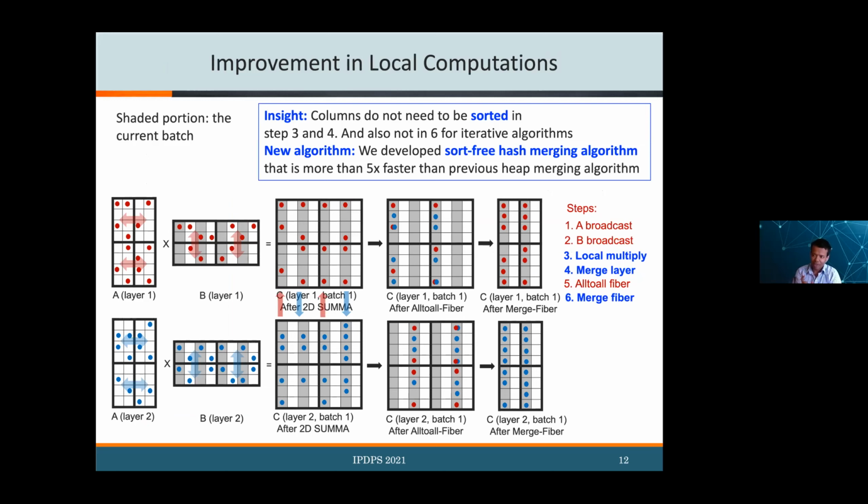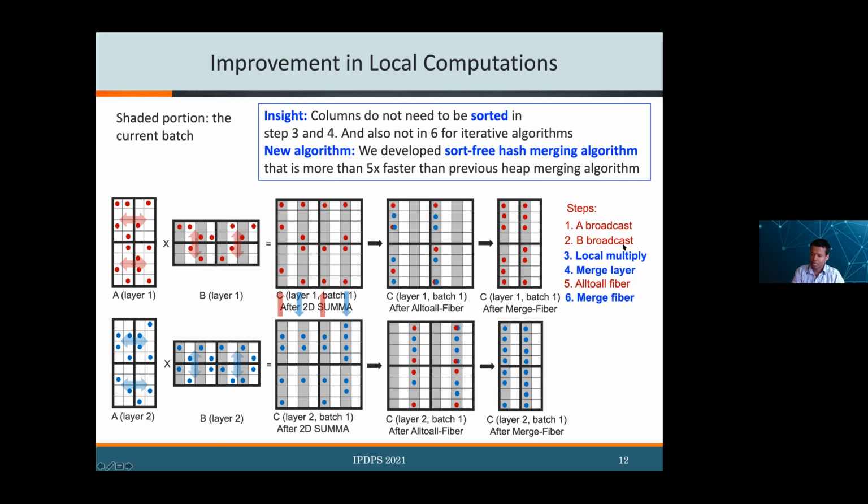And there is another third component. If we consider all those steps, broadcast, local multiplication, merging, all-to-all, and then merge after this all-to-all, we have 3 computations: local multiplication, merging within a layer, and merging across layers.